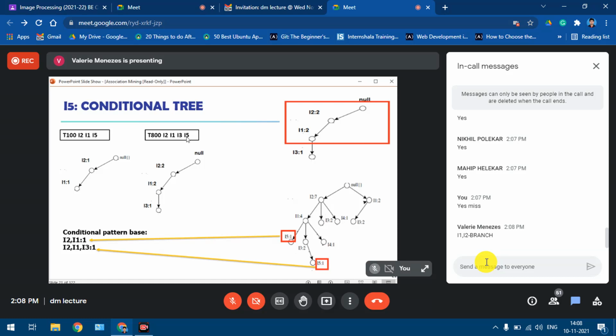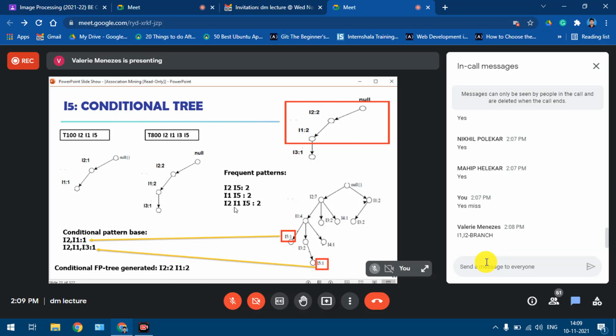Now, what will be the support count? Your conditional FP tree which is generated is I2: 2, I1: 2. These are the counts. That is what is generated, and we append the suffix over here.